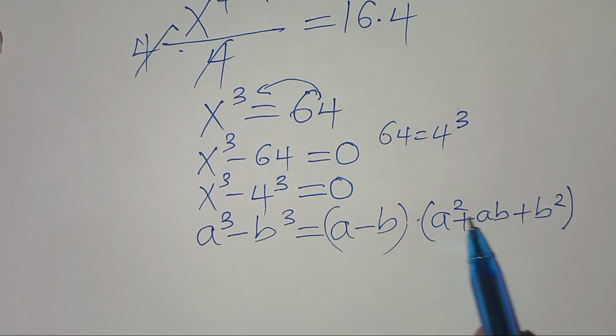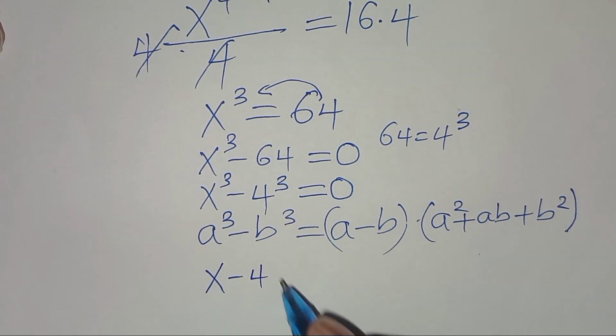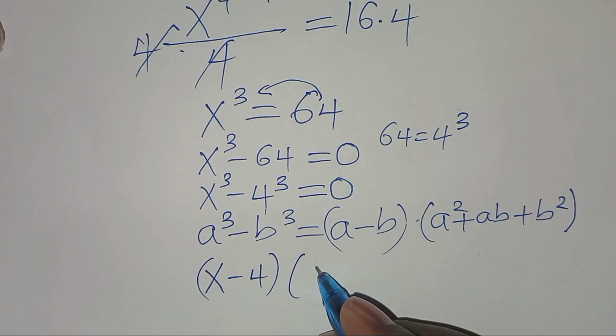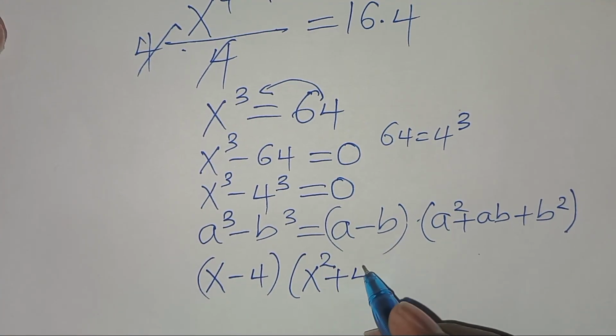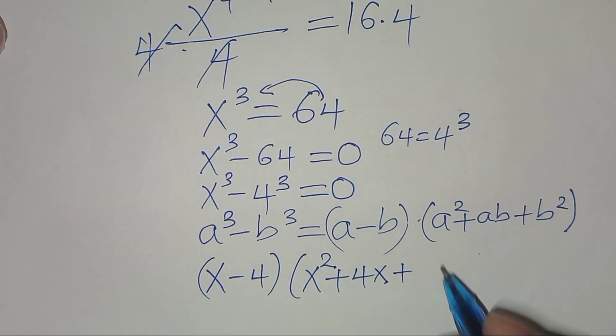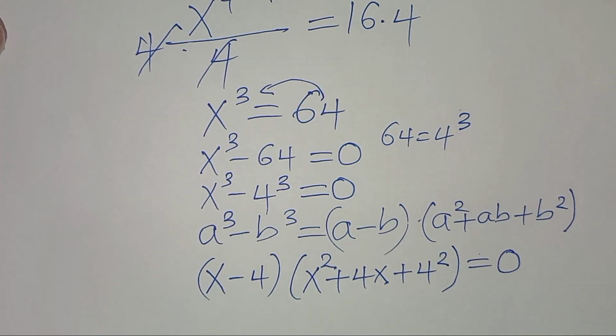So let's apply this property so that now here we'll have x subtract 4, x squared plus 4x plus 4 squared, this is equal to 0.